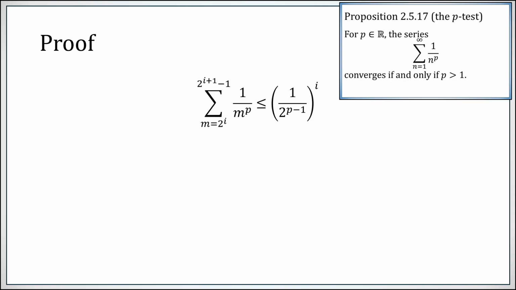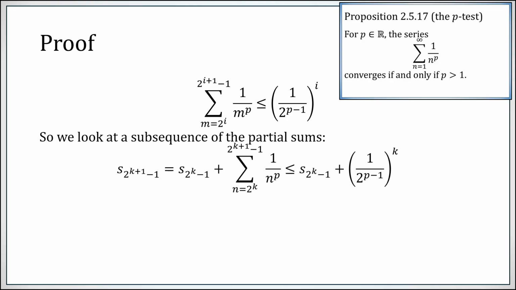Okay, here's that inequality we just established. Let's take a look at a subsequence of partial sums. Specifically, the index that we're going to stop at is a power of 2 minus 1. We could write that as going to the previous power of 2 minus 1, plus adding all of the terms that aren't accounted for, that next power of 2 up to this new index. But we've just established that this sum right here is no larger than this quantity.